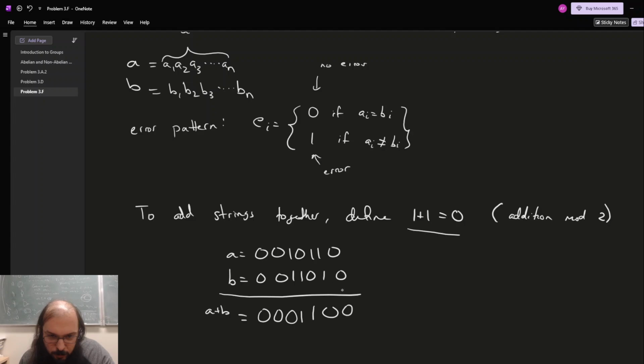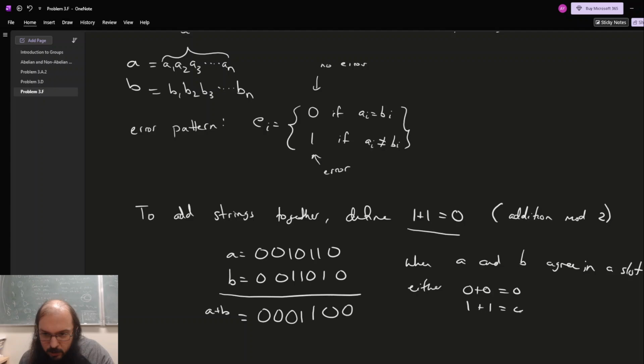So what does this show? What you see is that when A and B agree in a given slot, or a bit, if you will, either you get 0 plus 0, which is 0, or you get 1 plus 1, which mod 2 is also 0. So in other words, when they're the same, they add up to 0.